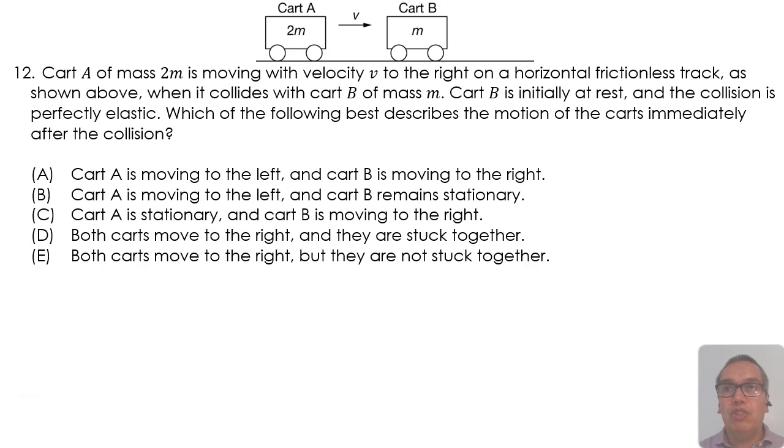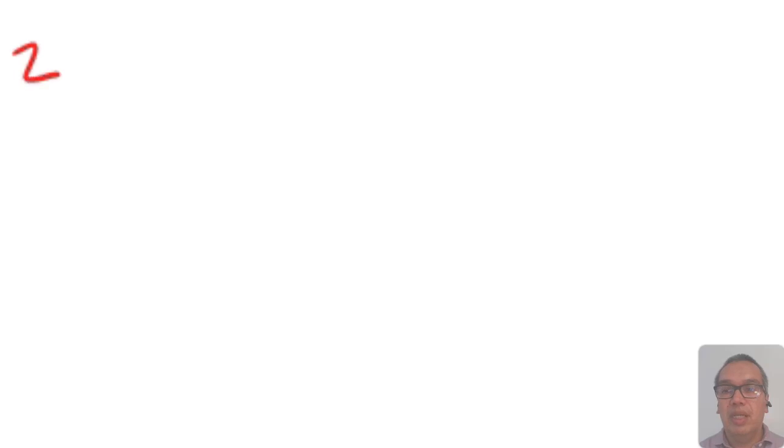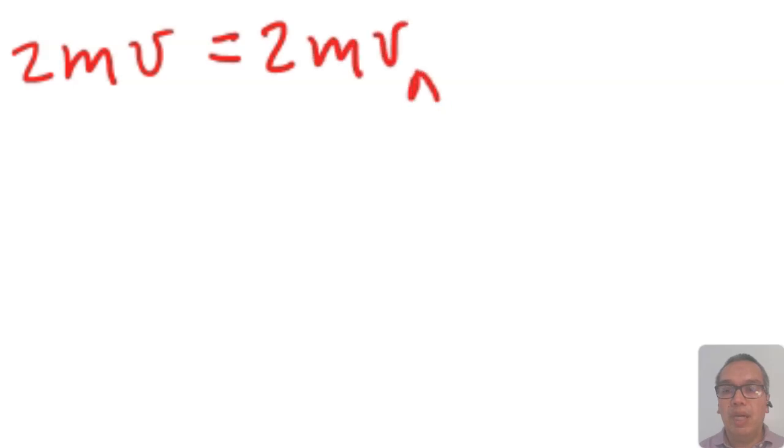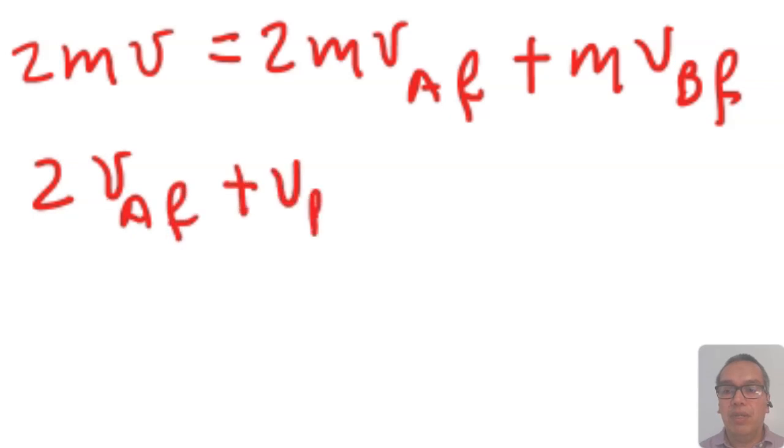From conservation of momentum, we have that 2mv is equal to 2m VAF plus m VBF. Therefore, 2 VAF plus VBF is equal to 2v.